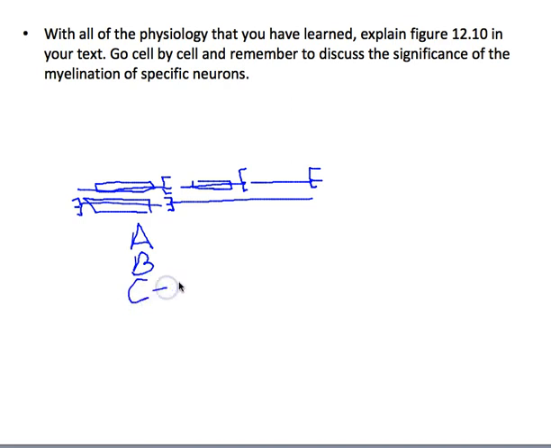And notice all interneurons, I'm going to put the I for interneuron there, are all C-type fibers. All somatic sensory, SS, and somatic motor, SM, are all A-type fibers. Things get a bit twitchy here when we actually get to B-type fibers.